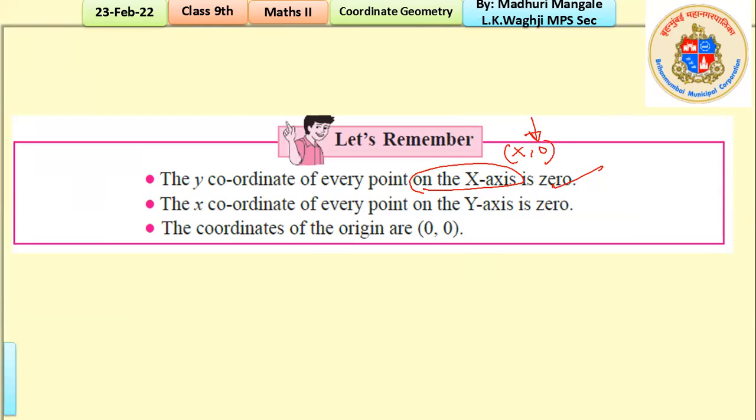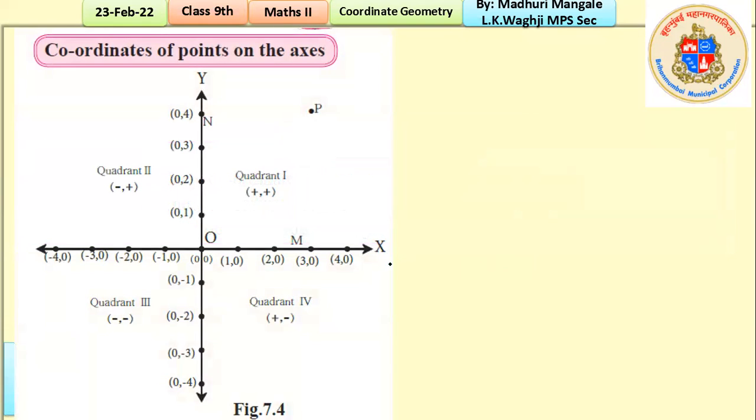Any point on the y-axis will be of the form 0 comma y. So y can be any number and it will always be 0 comma y. So the x coordinate will always be 0 for any point on the y-axis. And lastly, what are the coordinates of origin? The coordinates of origin are 0 comma 0.